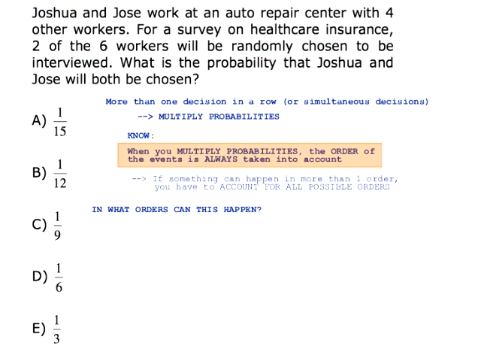We want to pick these two gentlemen out of 6 people. 2 different orders. Sure, it's just 2 people. So we can pick Joshua, then Jose. And we can also pick Jose, then Joshua. Sure we can.